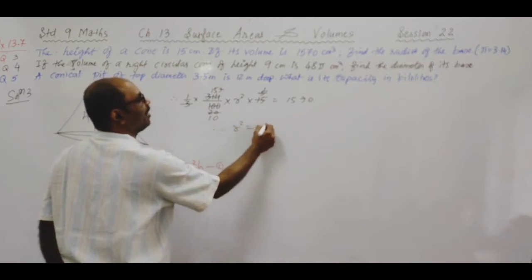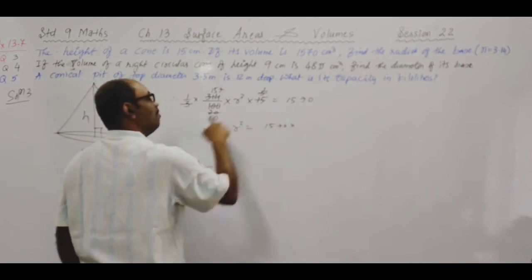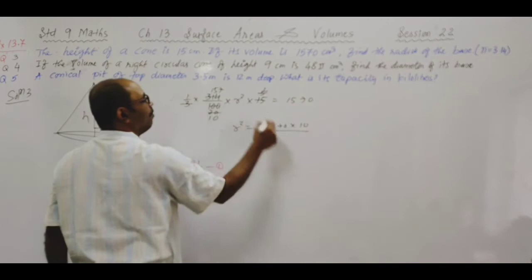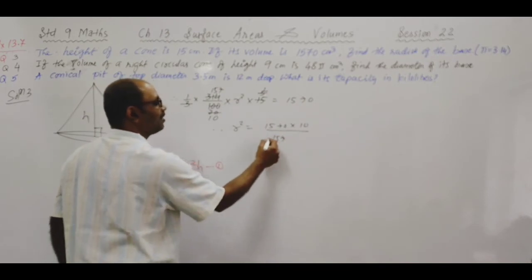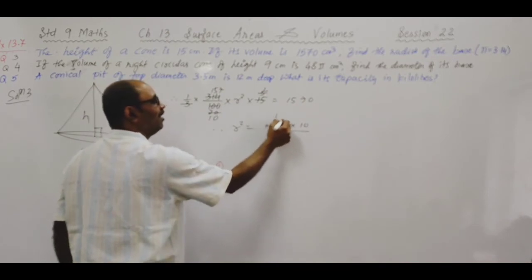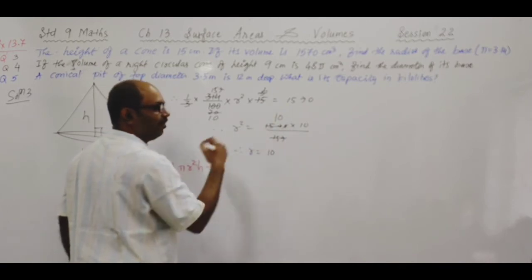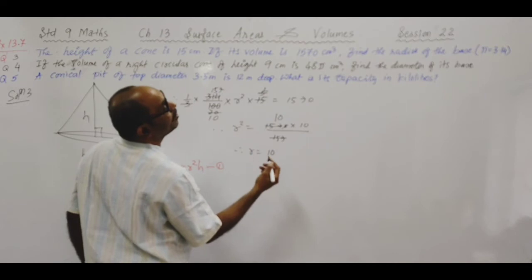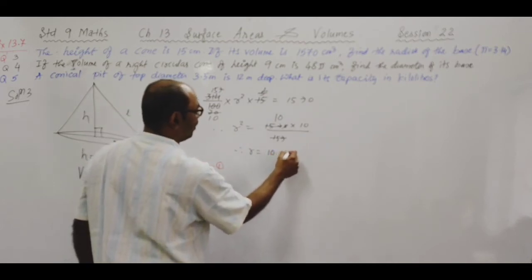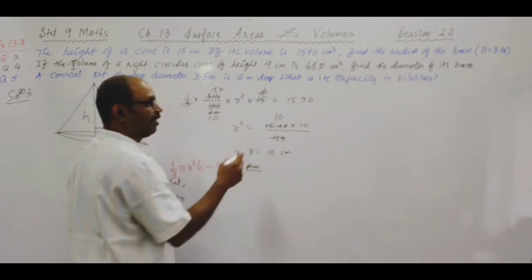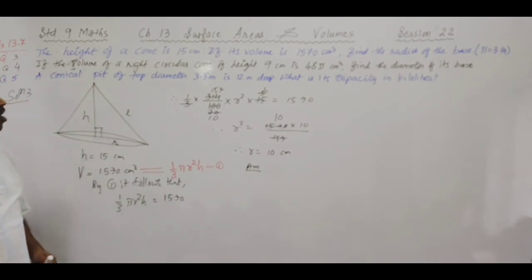Therefore r square is 1570 multiplied by 10 upon 157. 10 10s are 100, so r is equal to 10 centimeter. फिर आप लिख लो, the radius of the base of that cone will be 10 centimeter.